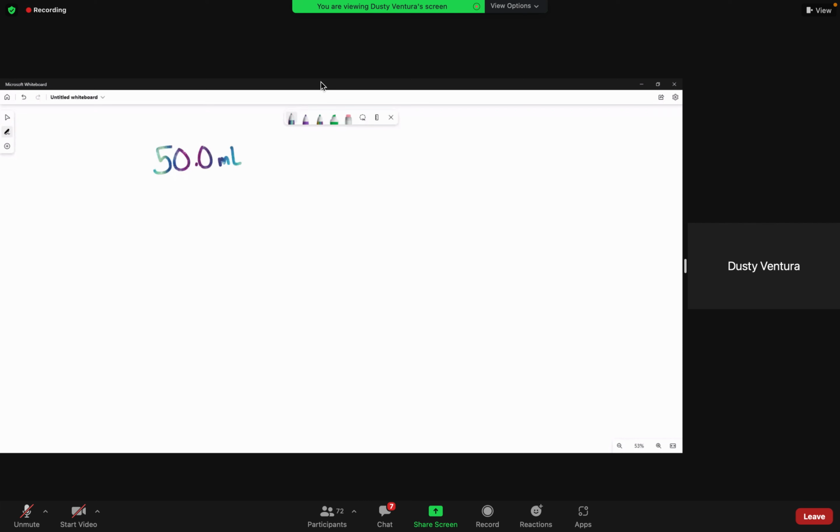Okay, so we've got 50 mL of 1.0 molar hydrochloric acid and 50 mL of 1.5 molar sodium hydroxide in a calorimeter.